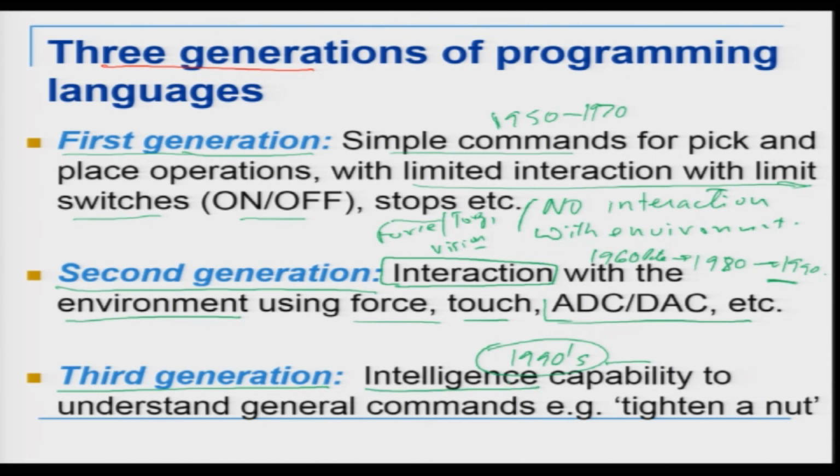Intelligent languages are those which have the capability to understand general human commands. A computer program has to be written like a program, but the third generation language is supposed to be some kind of intelligent language which should be able to understand human commands. For example, if I have a pen here and I want to pick it up and put it here, then the robot should be able to understand when it is told to pick up the pen and put it here.